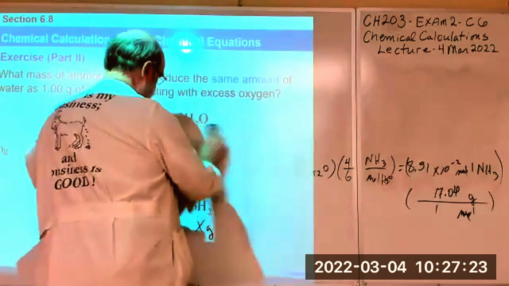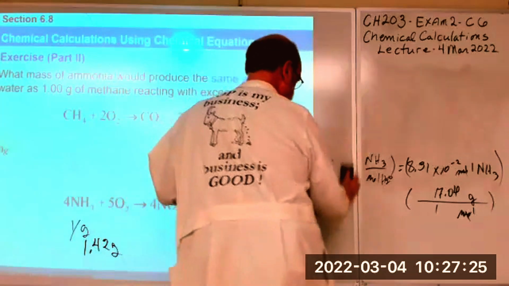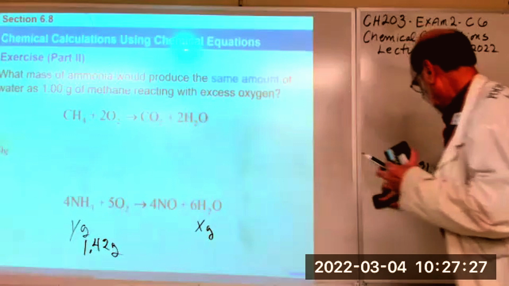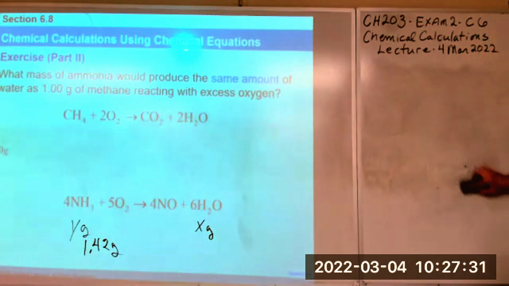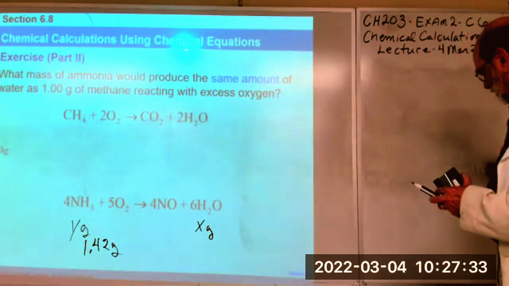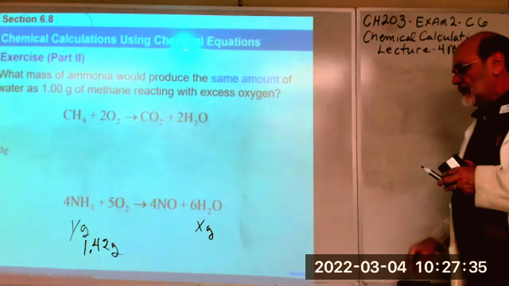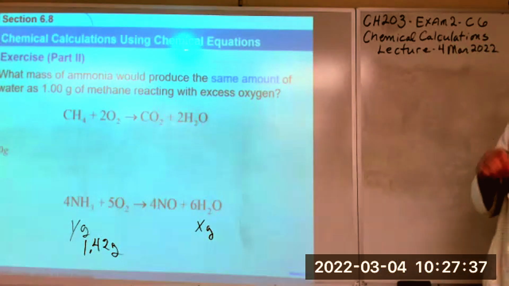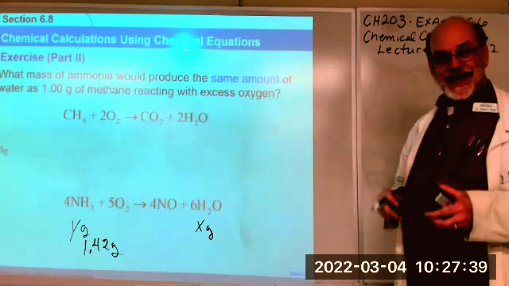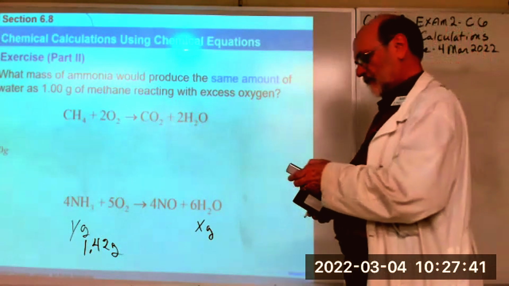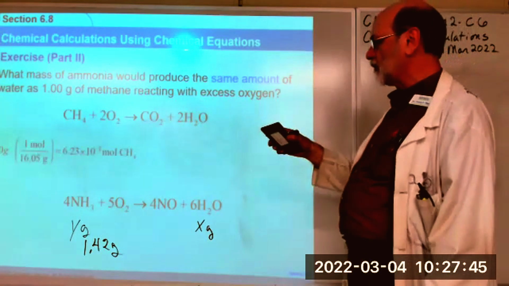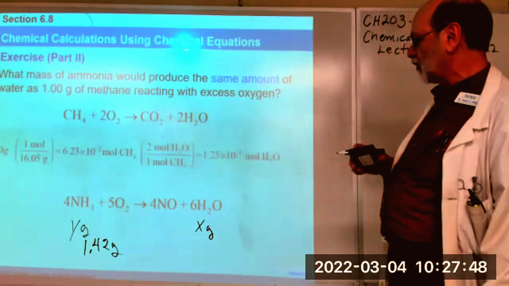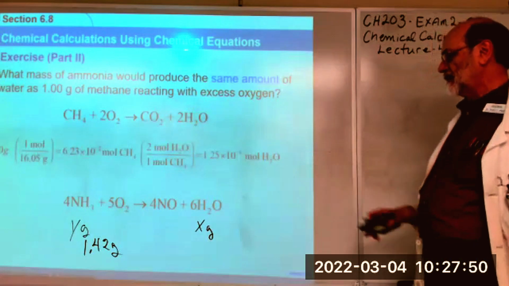The one rule in this whole procedure that you can't violate is how do you get from one to the other? You can't do it with mass. It has to be moles. Right? Okay, so there's the conversion to moles of methane. Then we convert moles of methane to moles of water.